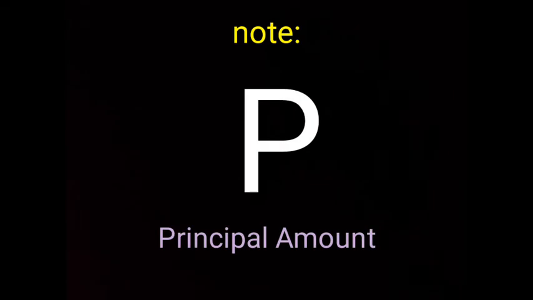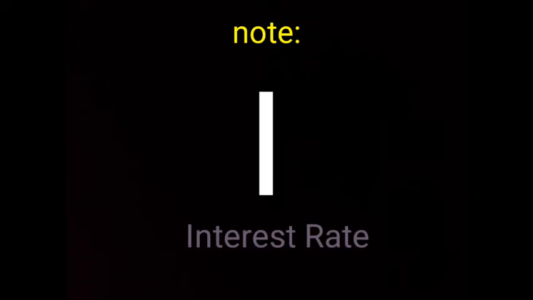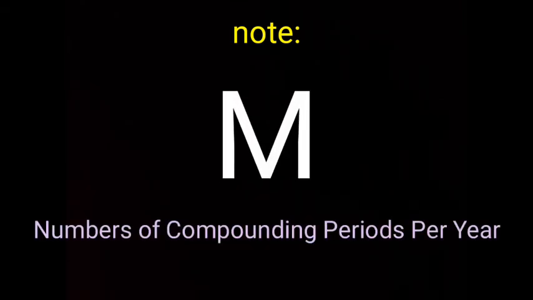Given P for principal amount, I for interest rate, N for number of periods, and M for number of compounding periods per year. The given numbers are P equals 60,000, I equals 4%, N equals 5, and M equals quarterly compounding.